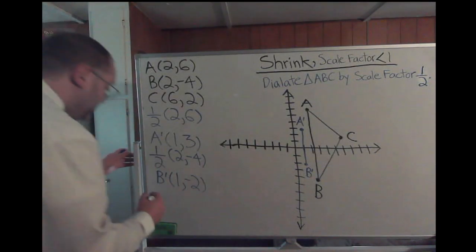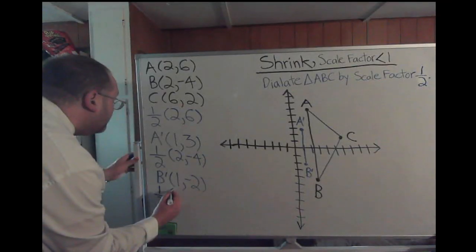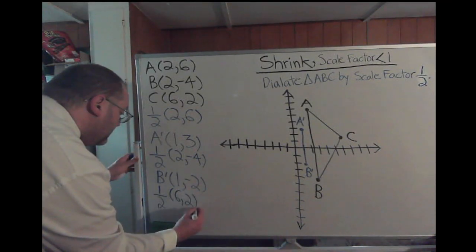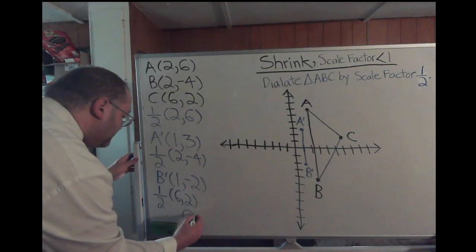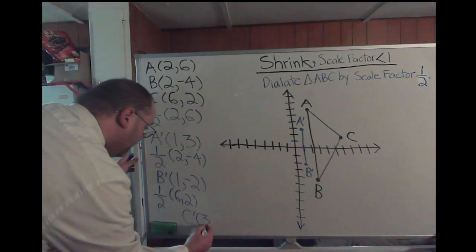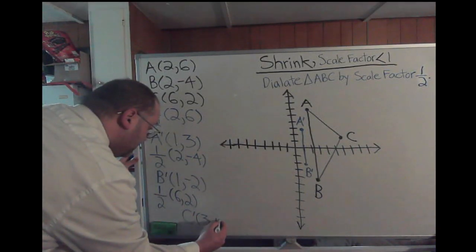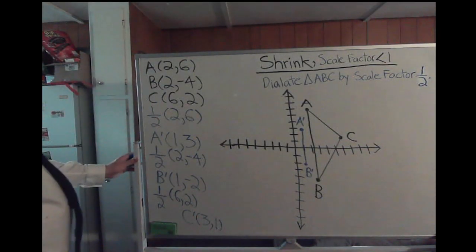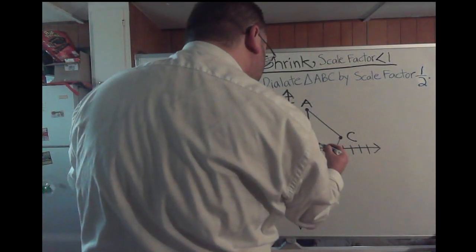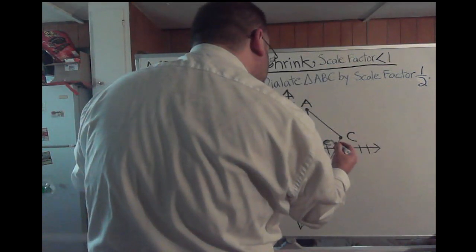Last but not least, we got to do it to C. So you'll take 1/2 of your C coordinate, which would be 6, 2. So for C prime, you're going to have half of your X coordinate of 6. That'd be 3. For half of your Y coordinate of 2, that'd be 1. So C prime is located at 3, 1, which would be right here. That'll be C prime.